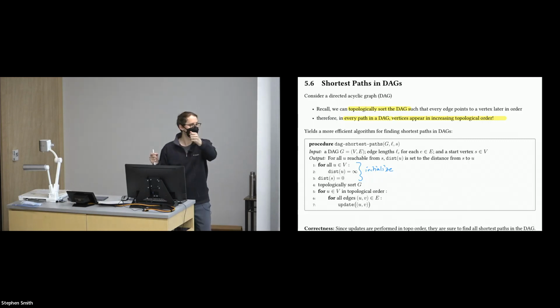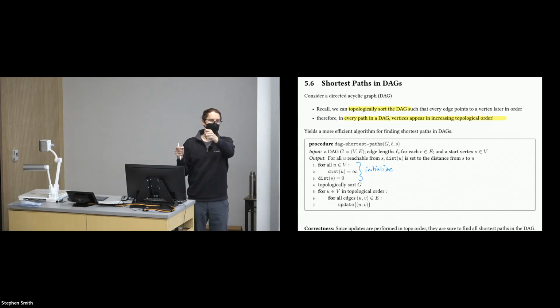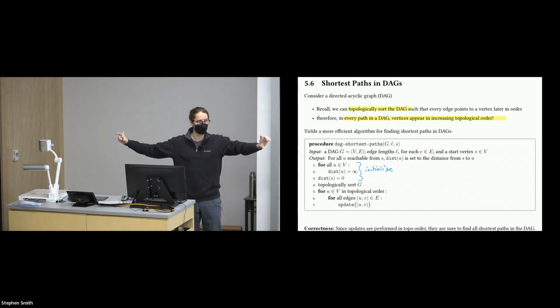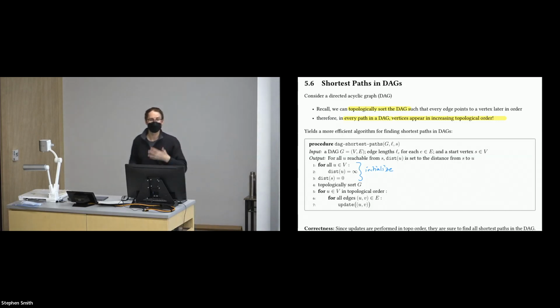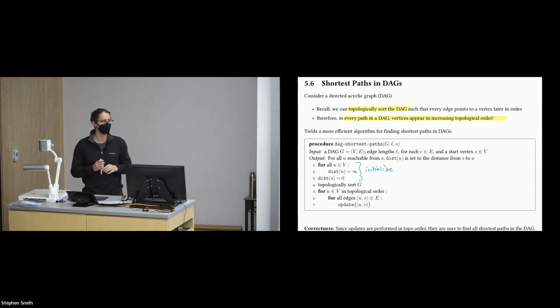The first one that finishes goes into the list. Then the next one that finishes, I insert it on the front of the list, and so on. And in doing that, I can topologically sort a graph in big O V plus E time, just the runtime of DFS. That was what we covered.